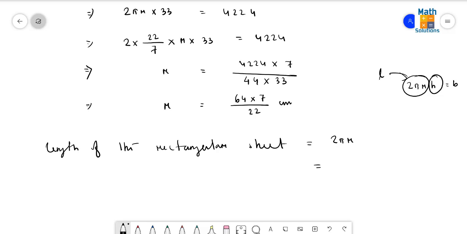So 2 pi r, it is 22 by 7 in place of pi, here it is 64 into 7 by 22 centimeter. These two got cancelled, these two got cancelled. We are getting the result to be 128 centimeter. So this is the length of the rectangular sheet.